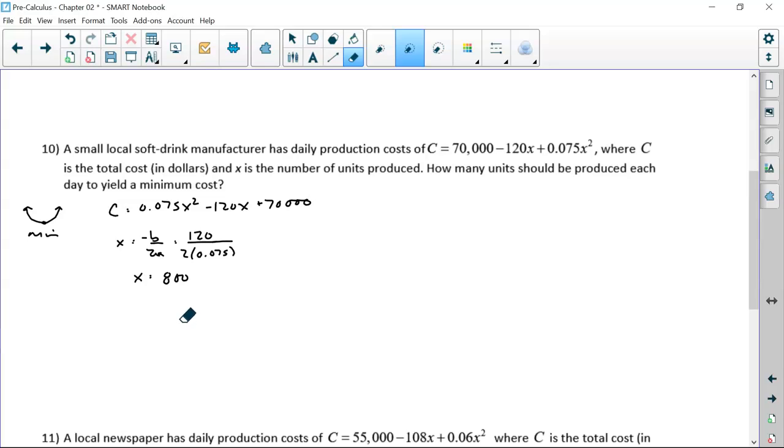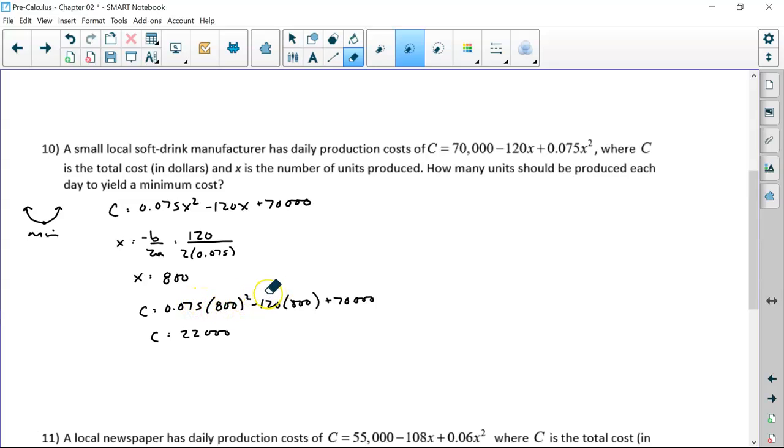That's the number of units, but we need to find the cost for C. So C equals 0.075 times 800 squared minus 120 times 800 plus 70,000. When you type that in, you're going to get 22,000.